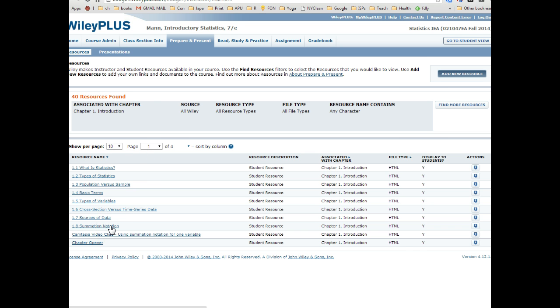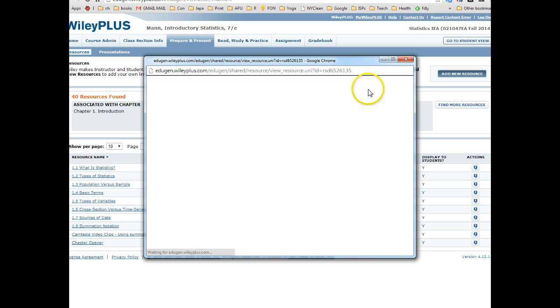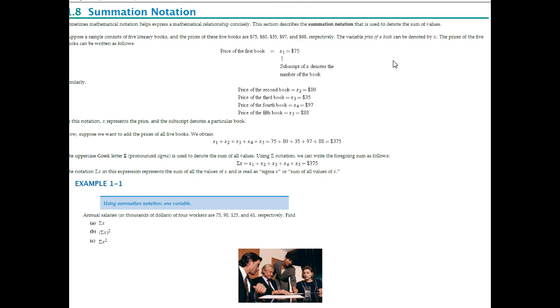How about this summation notation? I guess we're going to have to use this at some point.